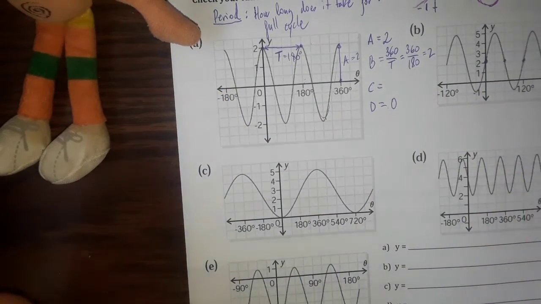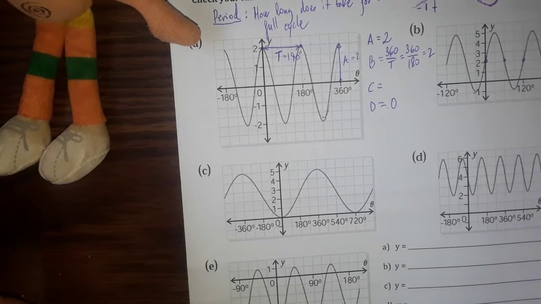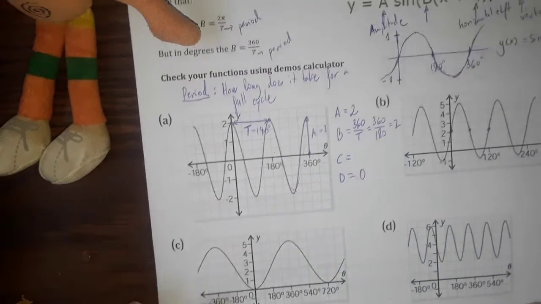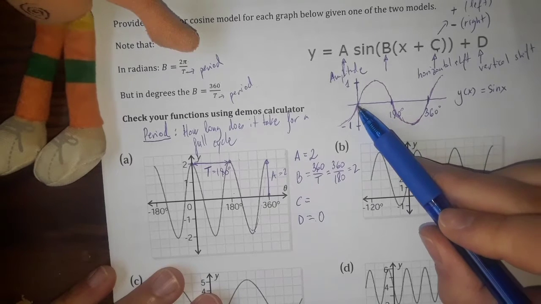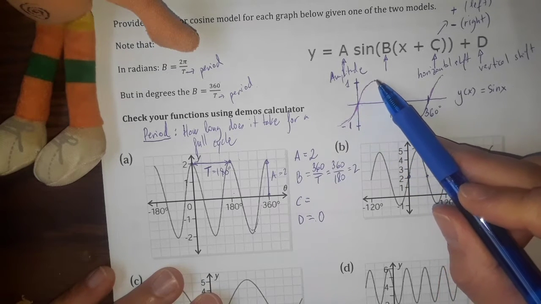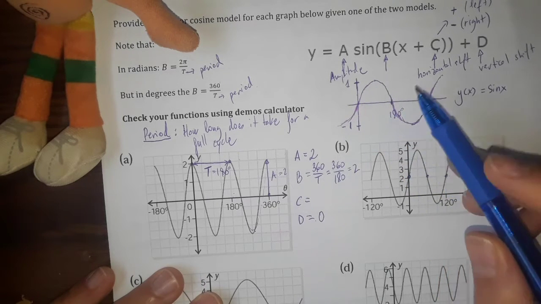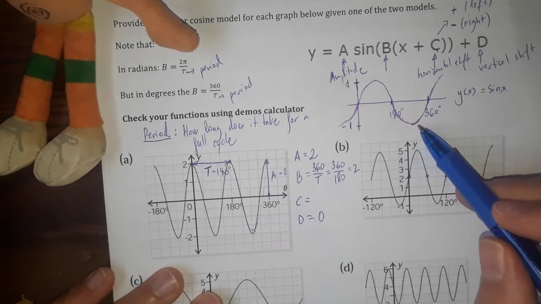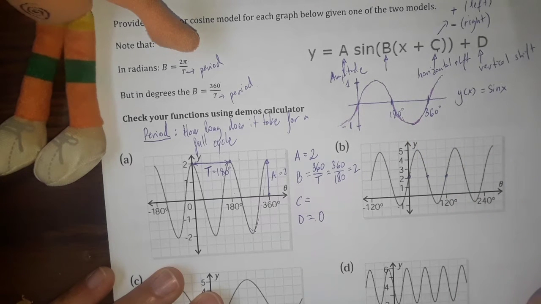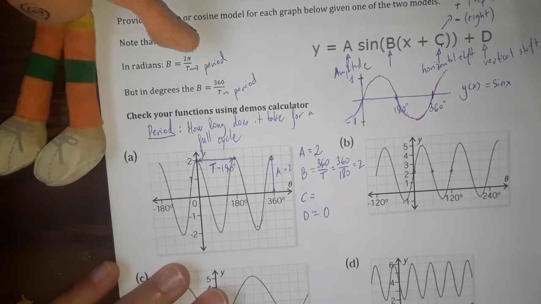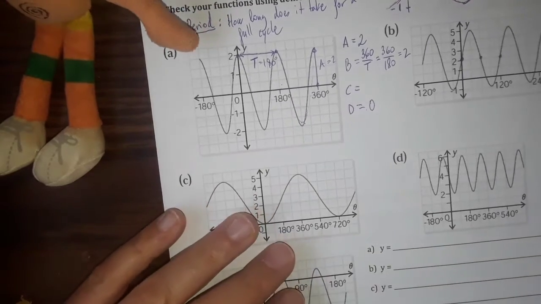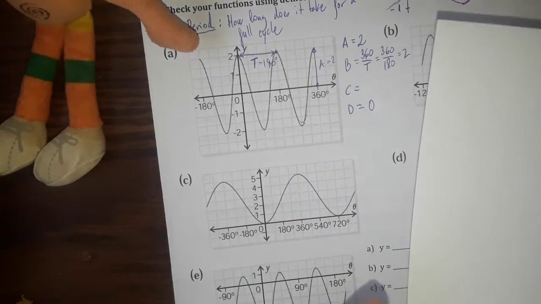First of all, is this a sine or a cosine? Well, we said that the sine starts at 0, 0, it goes up to 1, it crosses at 180, and then it goes to negative 1. How is the cosine? The cosine behaves like this.